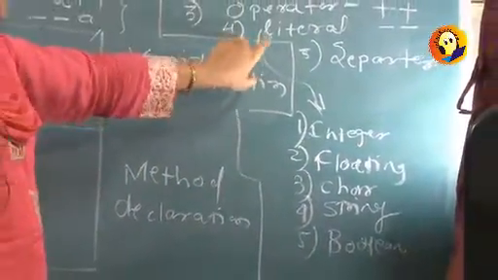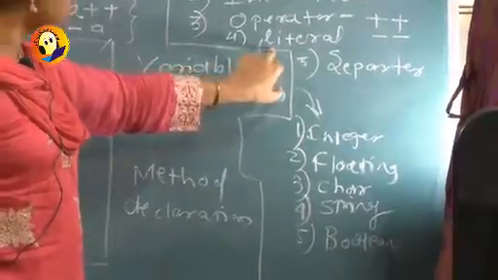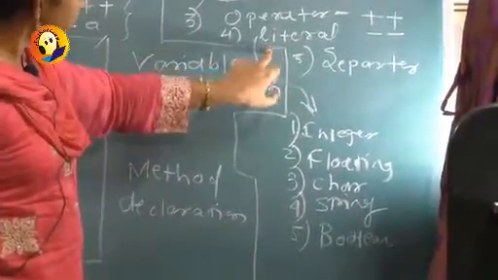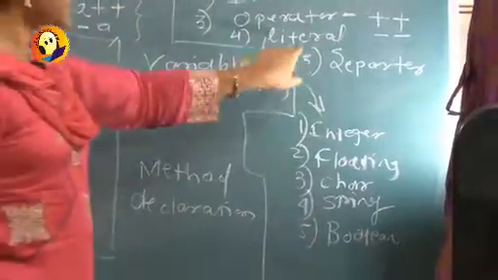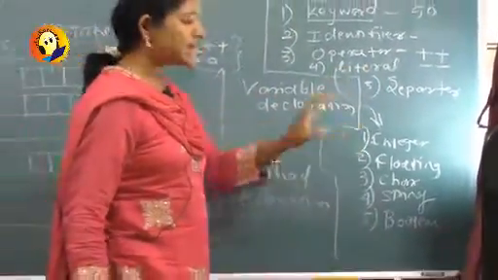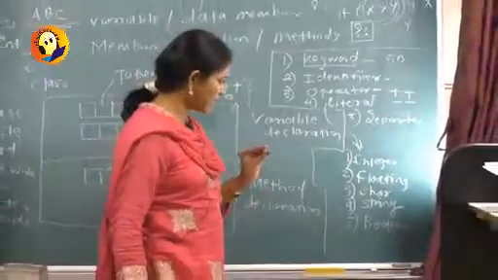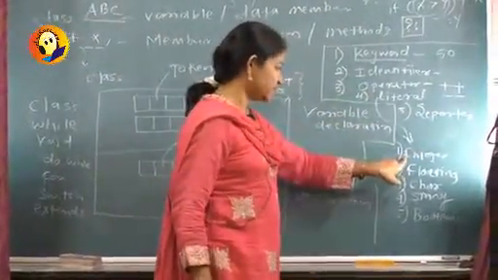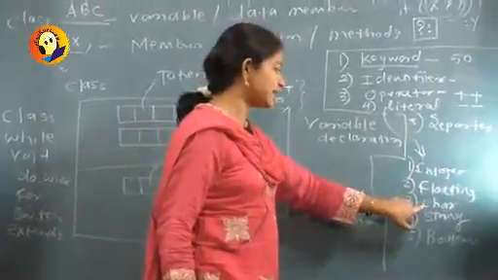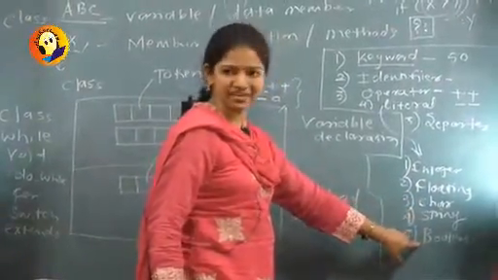The fourth token is literal. A literal stores a sequence of characters, digits or values assigned to that particular sequence. There are five different types of literals: integer, floating, character, string and Boolean literals.